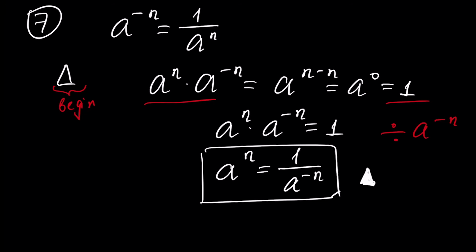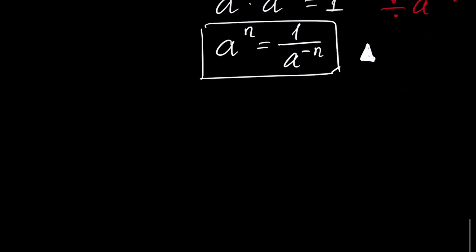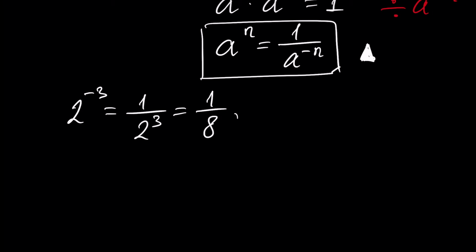And let's give examples for this law. For example, 2 to the power minus 3 is equal to 1 over 2 to the power 3, or 1 over 8. 3 to the power minus 2 is equal to 1 over 3 to the power 2, or 1 over 9.